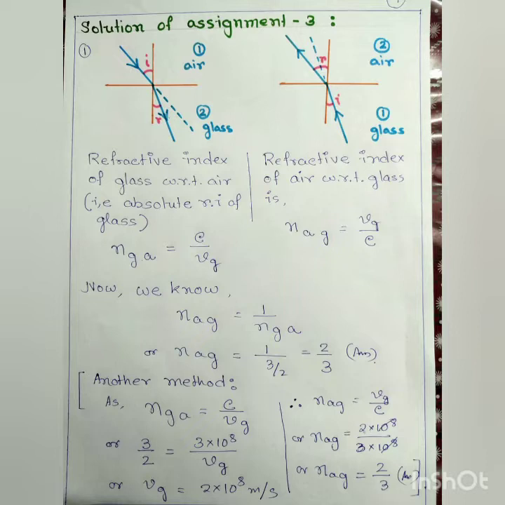Therefore, refractive index of air with respect to glass will be VG by C, that is NAG equals to 2 into 10 to the power 8 by 3 into 10 to the power 8. Just calculate the value and what we will get? Refractive index of air with respect to glass will be 2 by 3.